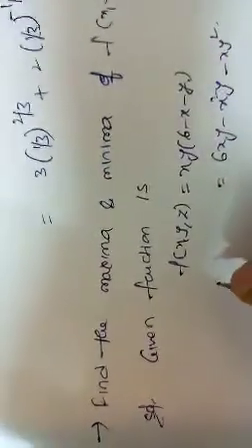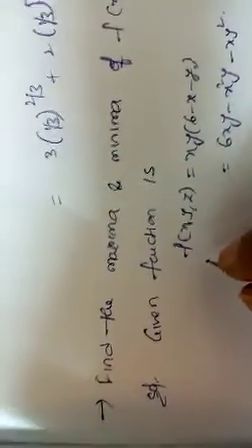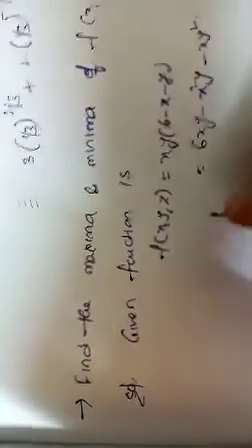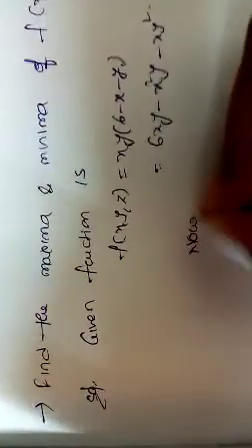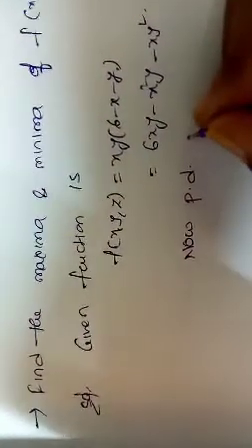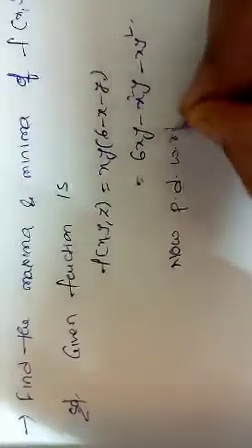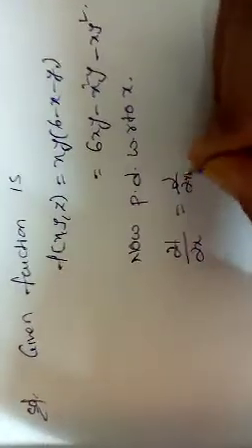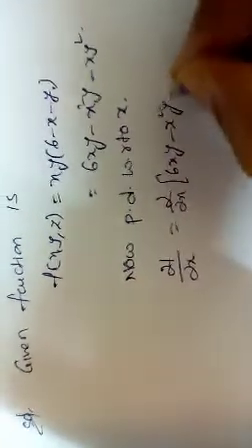Now partially differentiating with respect to x. So then dou f by dou x equal to dou by dou x of 6xy minus x square y minus xy square.